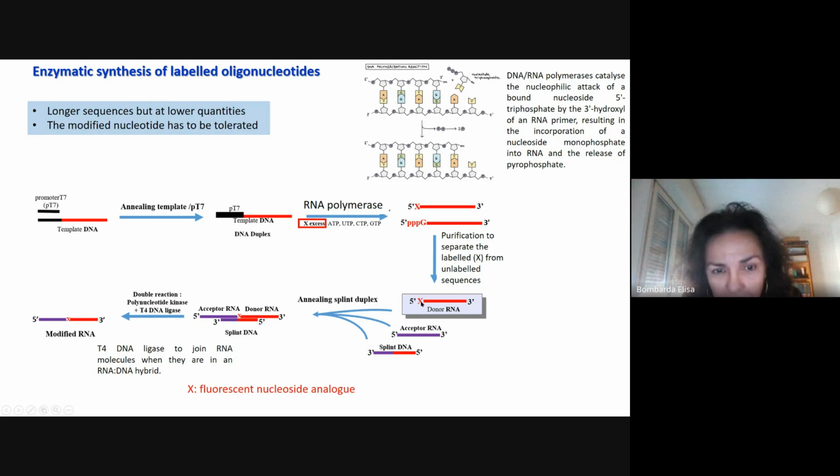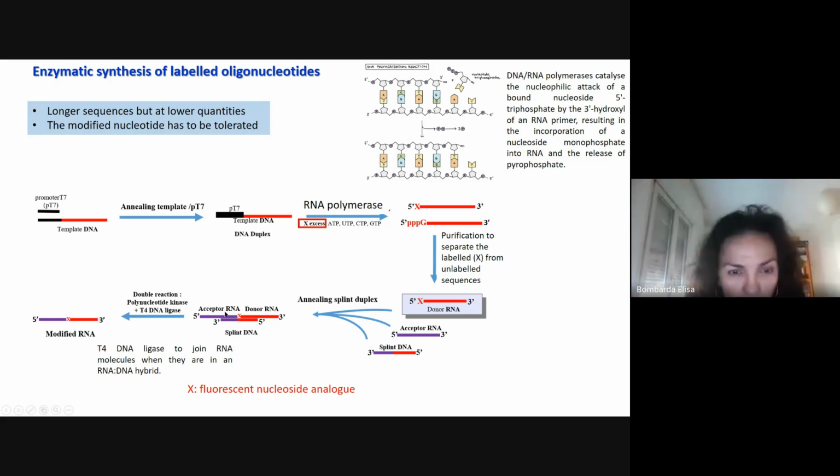So for doing this, a splint DNA has to be designed, which is again a sort of template that tells us where the donor sequence, which contains the label, is to be connected to the acceptor sequence that contains all the rest of the sequence.